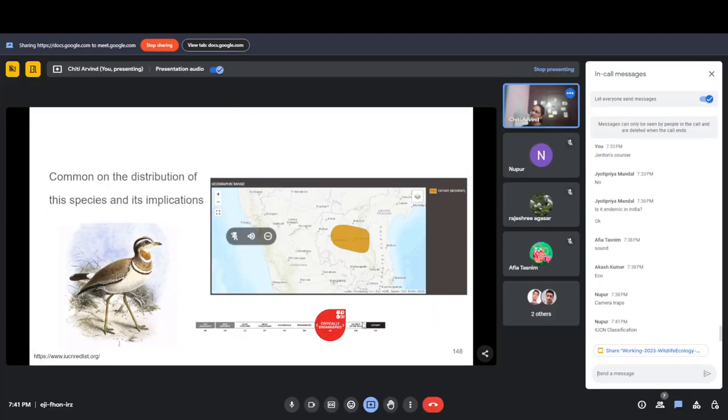Has anyone heard of these types of classification? Yes, as Nupur says, they are IUCN classification. Do you know what the IUCN is? Does anyone know what the IUCN stands for?